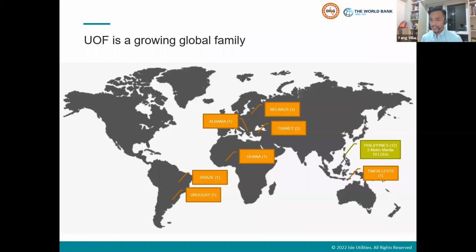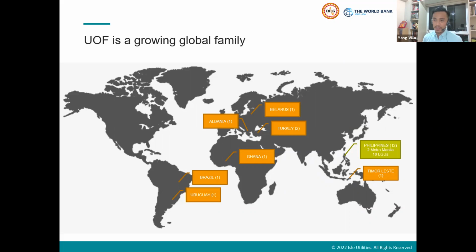Since 2020, we have implemented the UOF tool and framework across a number of countries. As you can see here, we have implemented that in the first phase of the project from 2020 to 2021. We have implemented this in a total of 10 utilities across 8 countries, including the Philippines. In phase 2, which started from middle of last year until basically just this month, we have expanded the Philippines portfolio by another 10 utilities, bringing the total for the Philippines to 12 utilities.